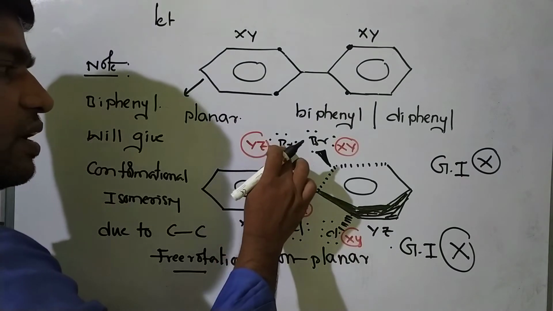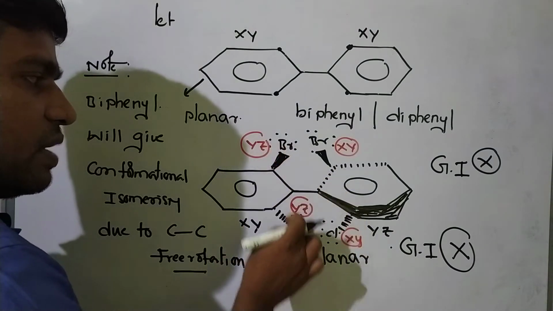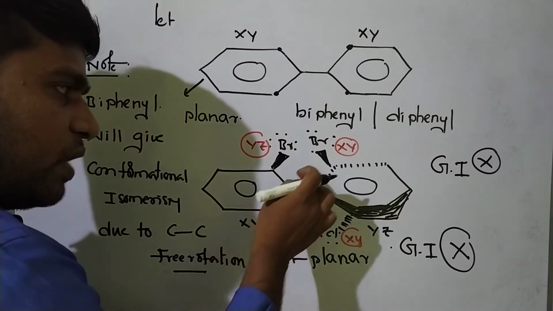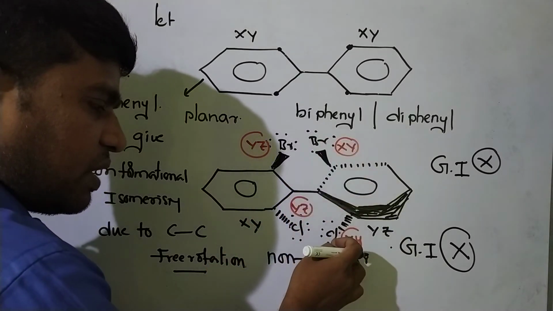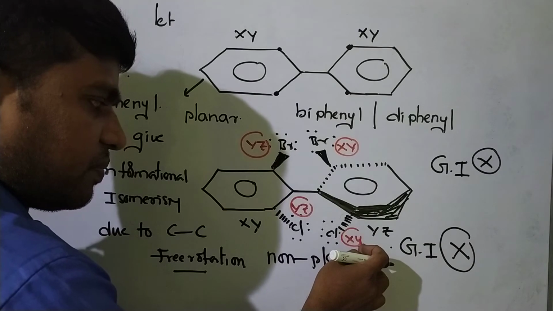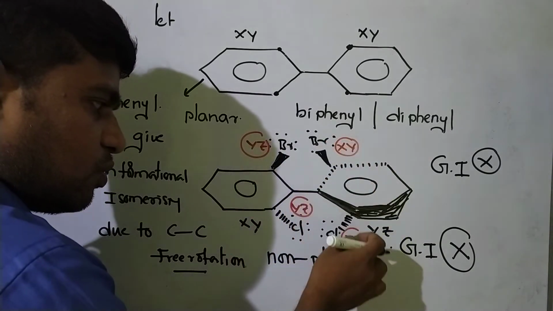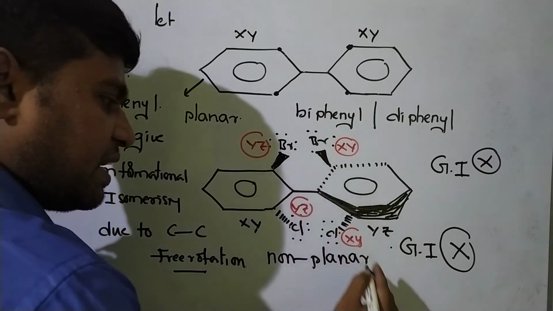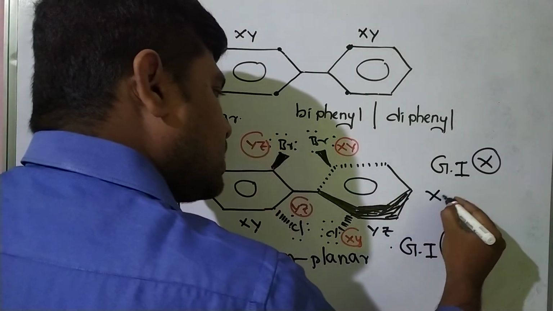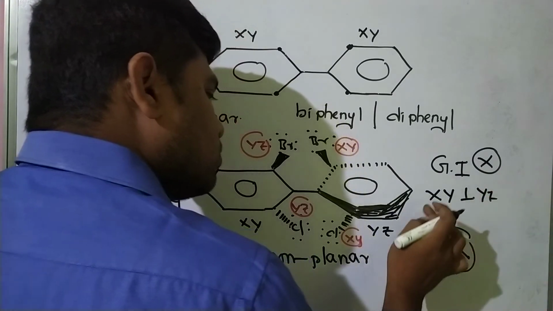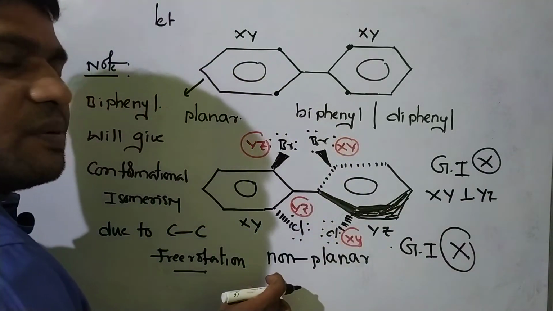These two groups lie in the xy plane, while these two are in the yz plane. Here the xy plane is exactly perpendicular to yz. So the molecule is non-planar.